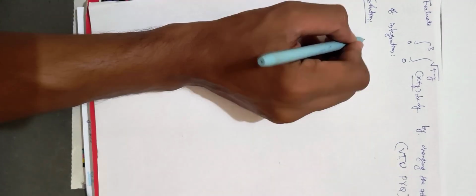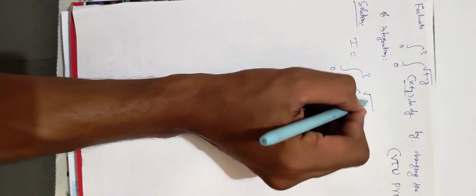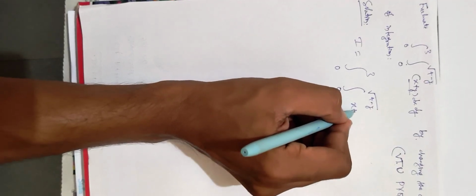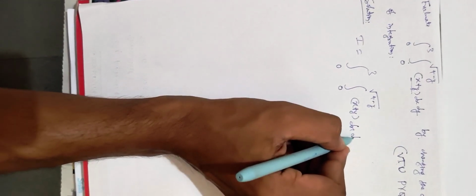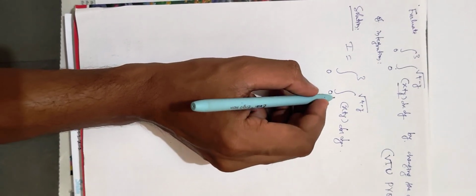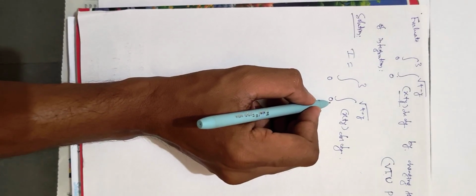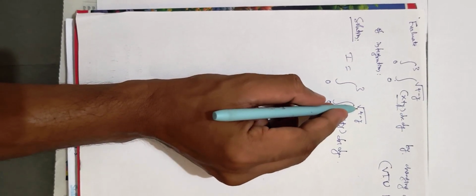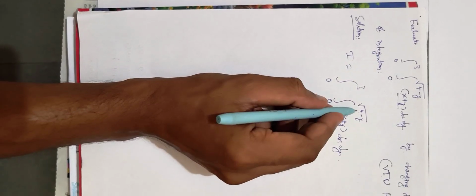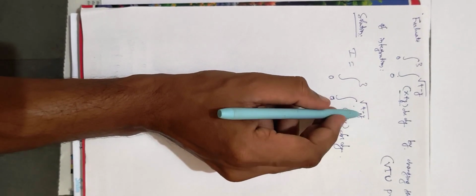First write the given integral as I is equals to integral 0 to 3, and the second one is 0 to under root 4 minus y, of x plus y, dx dy. First we have to identify the limits here. The second integral sign has the limit 0 to under root 4 minus y, which is in terms of y, so definitely they are limits of x.